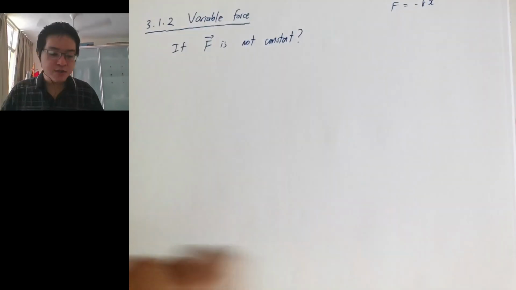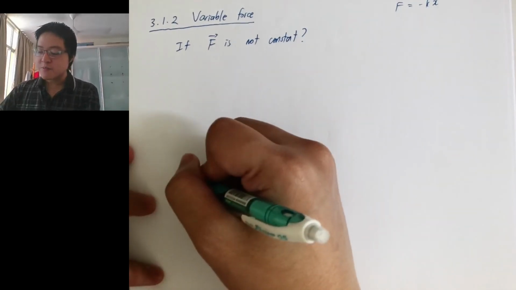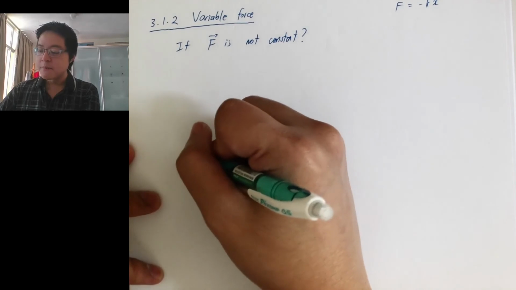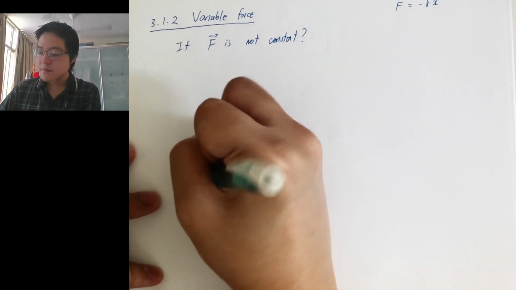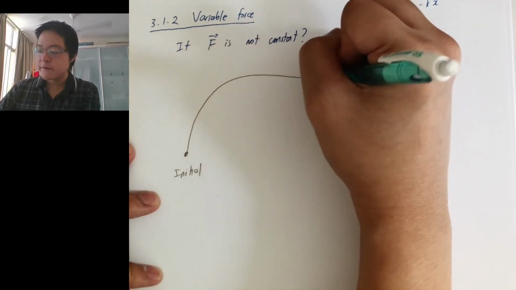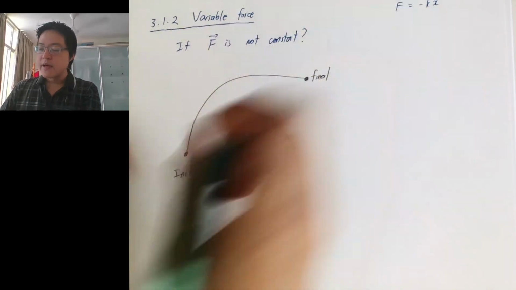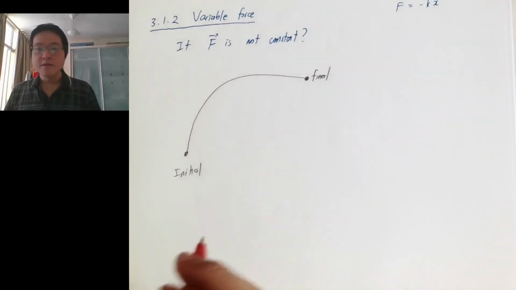So let's try to draw this situation. In fact, I can draw any arbitrary displacement. Let's say my object's initial position is here, and maybe this is my final position. At different points the force is different, so how do we solve this?